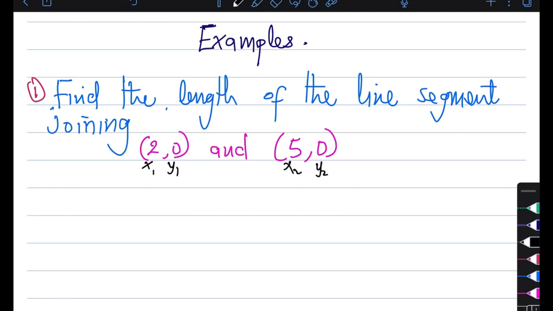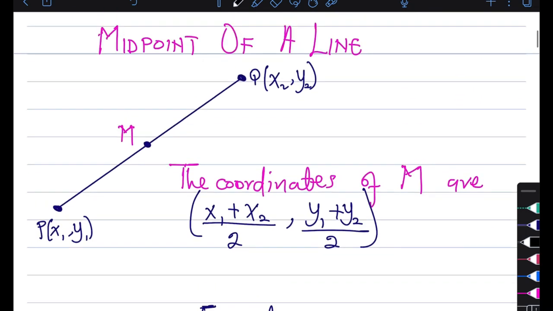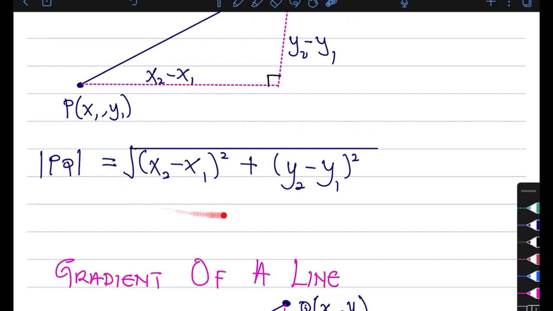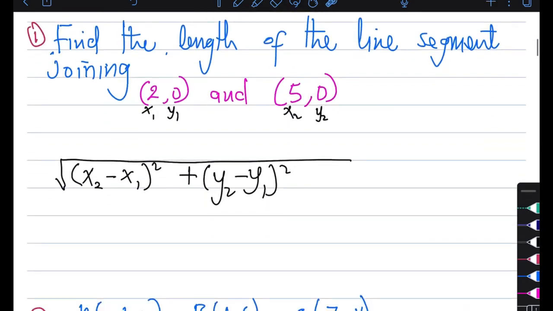Now, the length of this line will be the square root of (x2 minus x1) all squared, plus (y2 minus y1) all squared. So this is the formula for the length of a line, and that's exactly the same formula we are going to use.